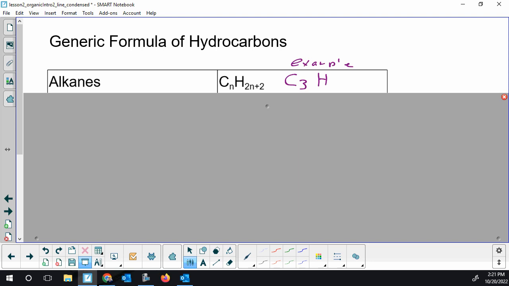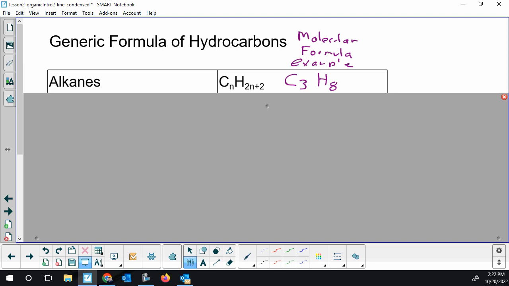So 3 times 2 is 6 plus 2. The molecular formula would have to be C3H8. We can predict that really fast.